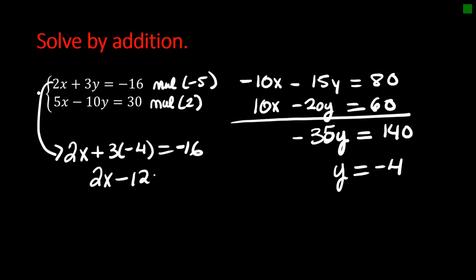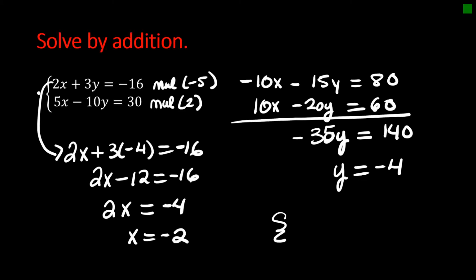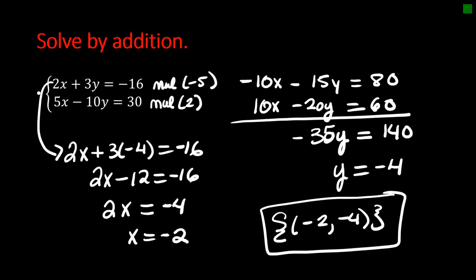So 2x minus 12 equals negative 16. If I add 12, 2x is going to be negative 4. So x is going to be negative 2. So my solution set contains the point (-2, -4).